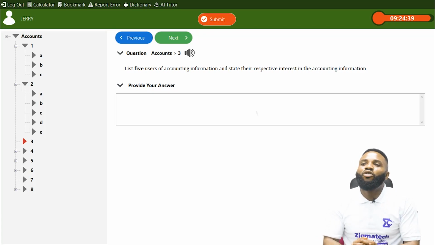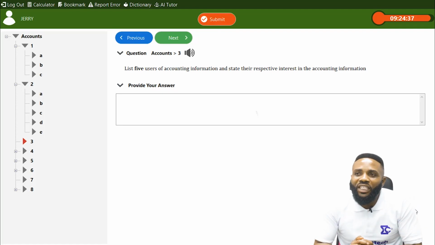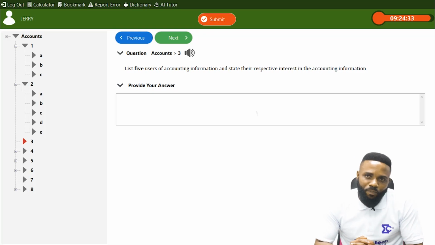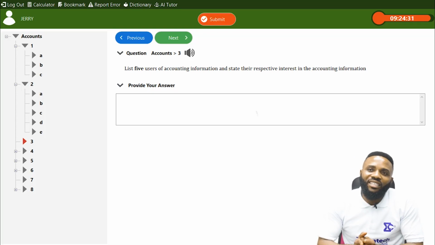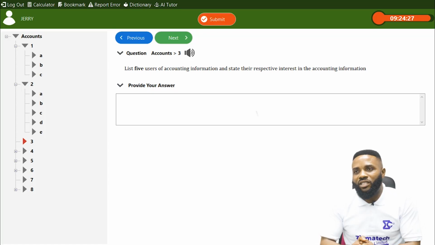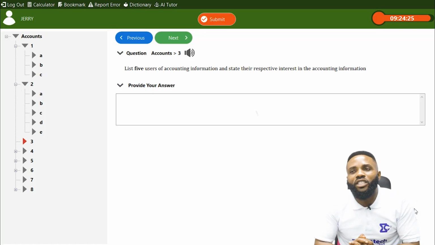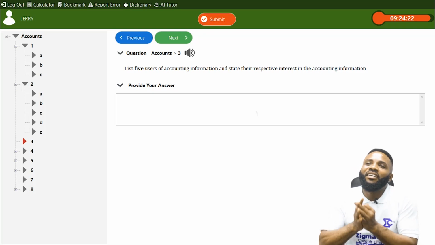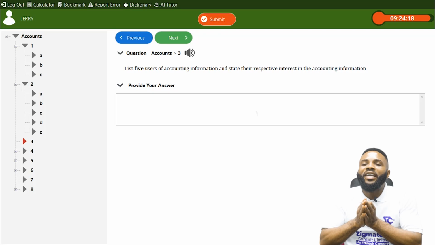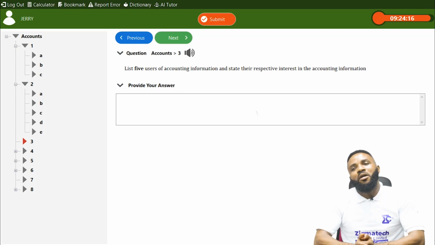Nobody can just wake up one morning and establish a business without an expectation. As long as it is a business, their target is to maximize profit. So the owners, or what we call the shareholders of the business, need this information. They want to find out if you are making progress or not.